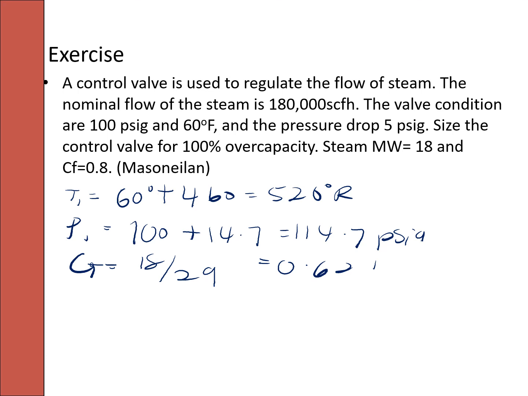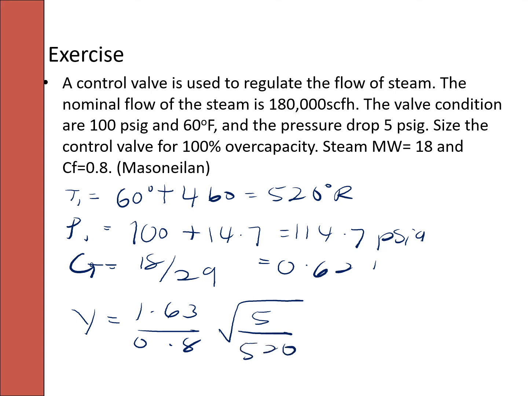So you can solve the Y first. Y, the formula is 1.63 over CF, which is 0.8, times the square root of delta P over P1. The answer would be 0.19997.